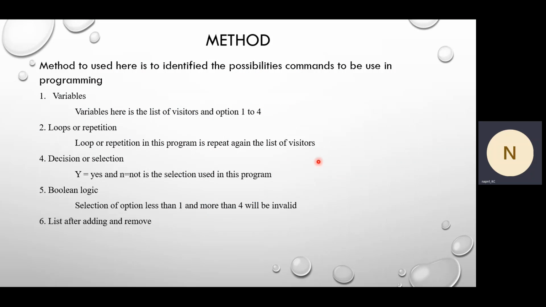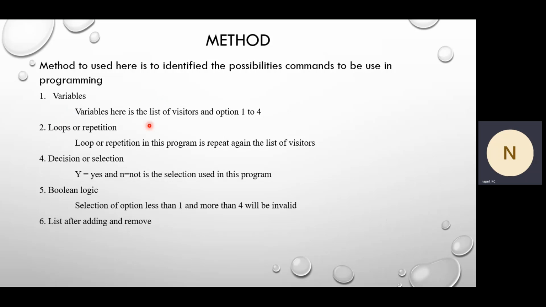The method I'm using for this programming is to identify the main criteria. One of them is the variable: the list of visitors, and the option from 1 to 4. The second one is loops and repetition.